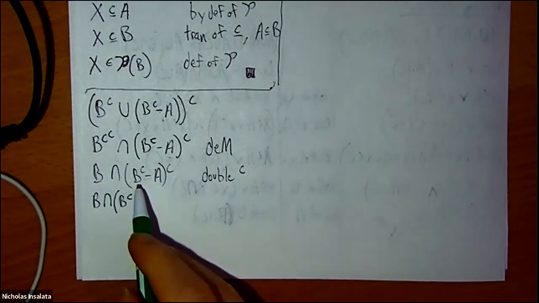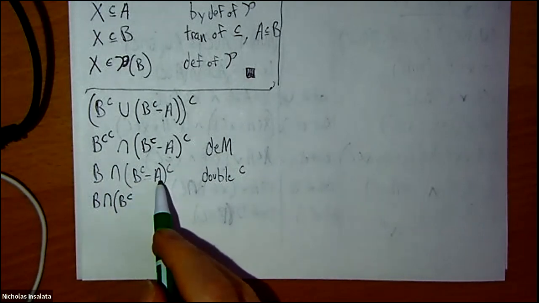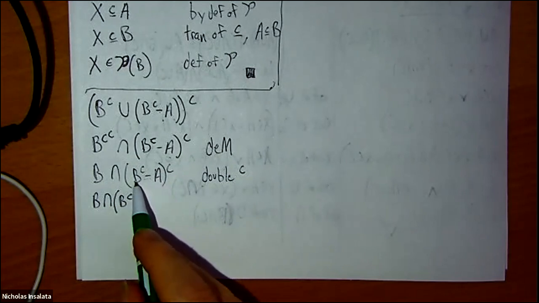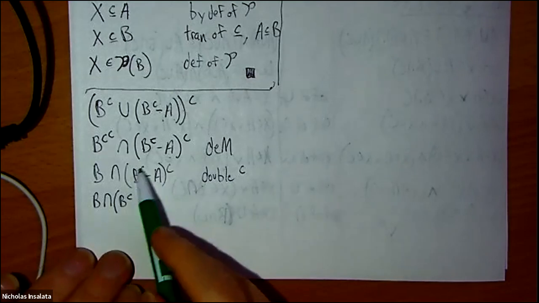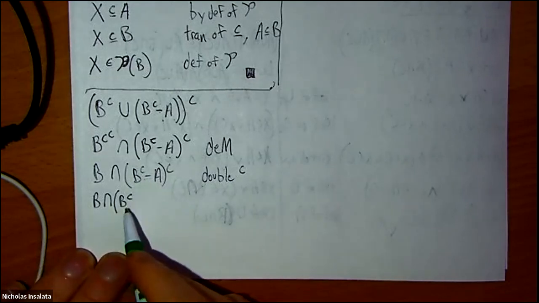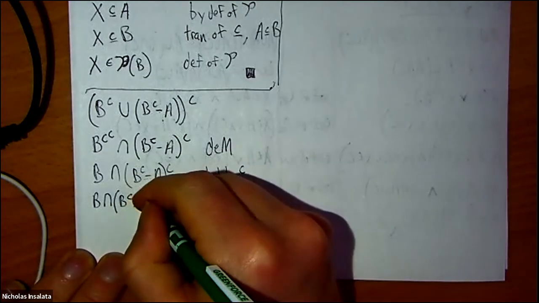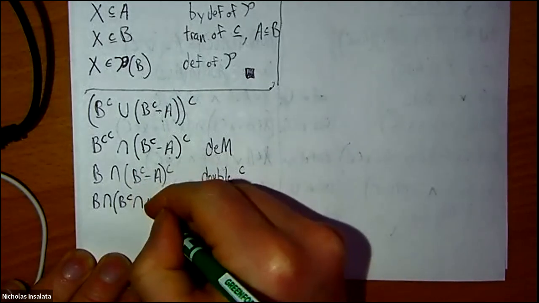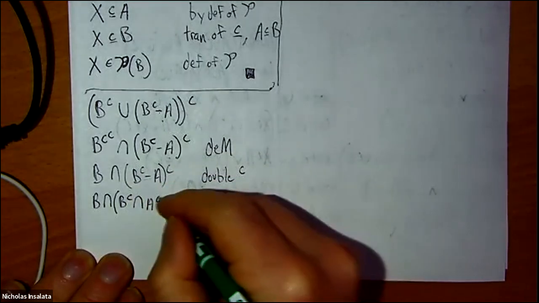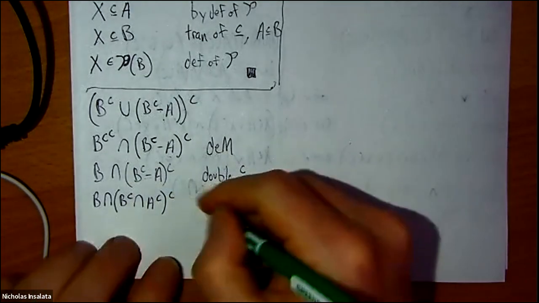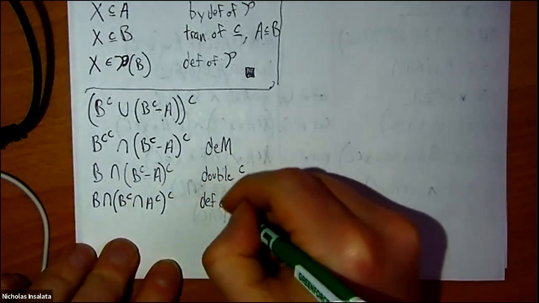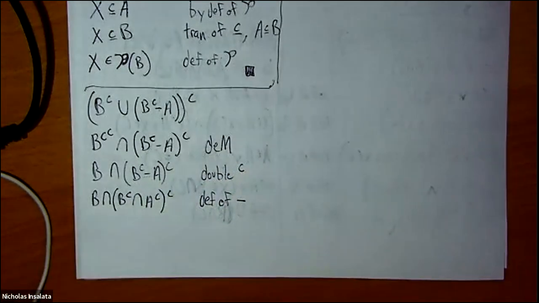If you take x minus y, that's x intersect y complement, right? So now if I have B complement minus A, that'll be B complement intersect A complement. And then that whole thing has a complement on there, right? That's by definition of set difference minus.